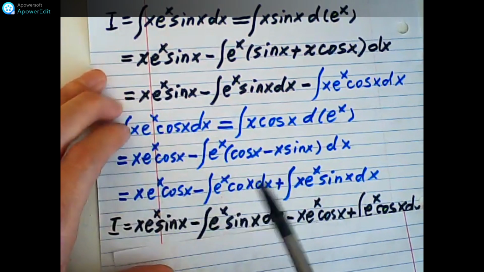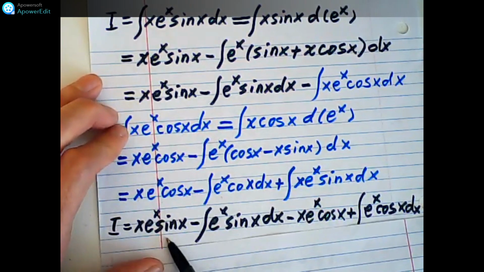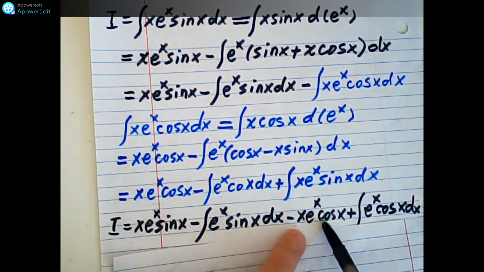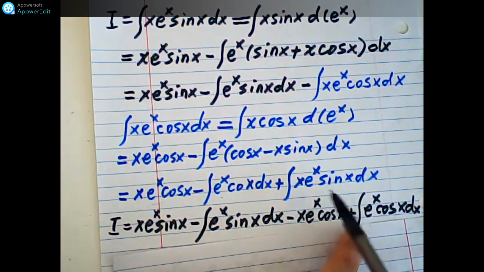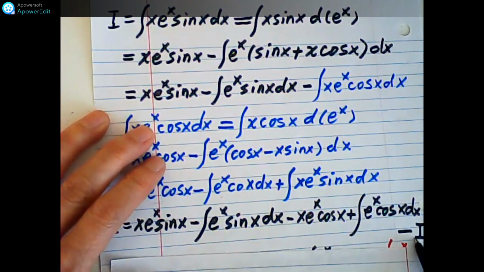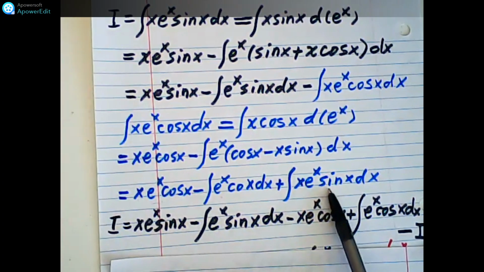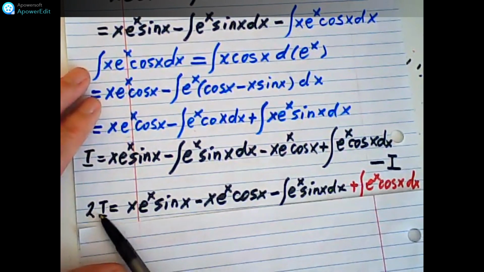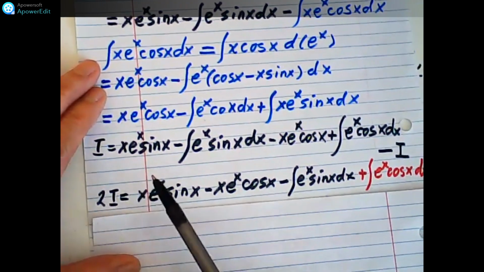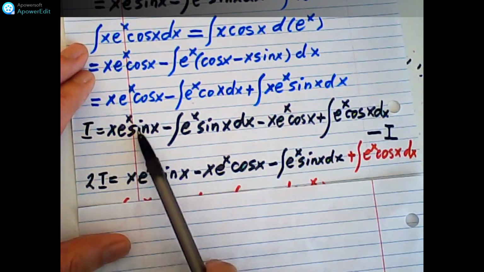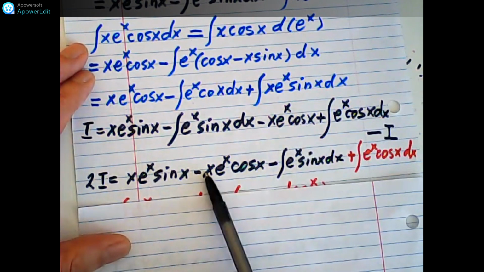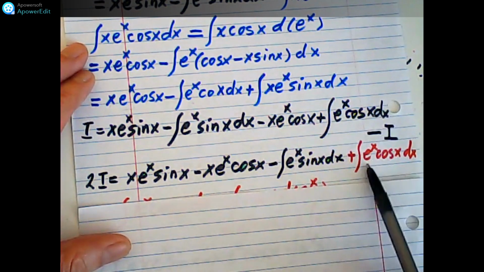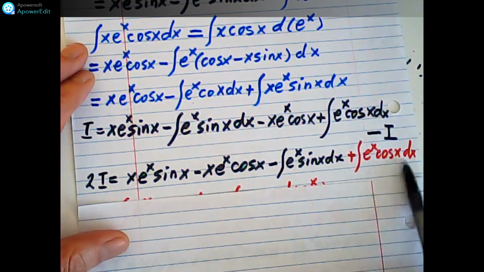My I will be equal to this minus this integral, minus the blue, minus this one plus this one and minus I. This is I. Then I move this I here, I get two I's. So two I will be this, and this, and plus this integral. I denote it as a red integral.